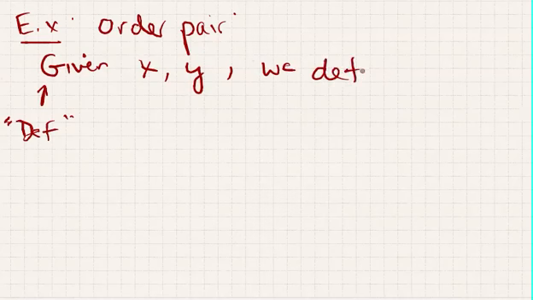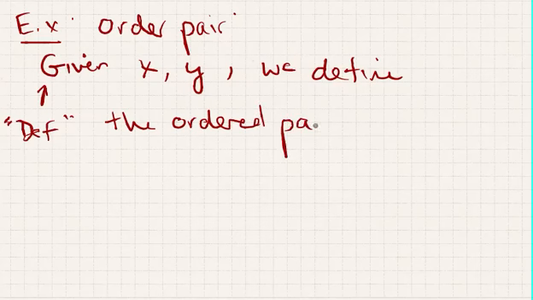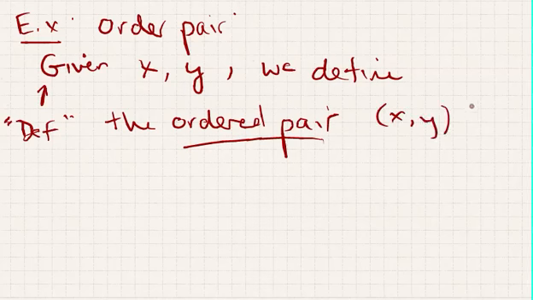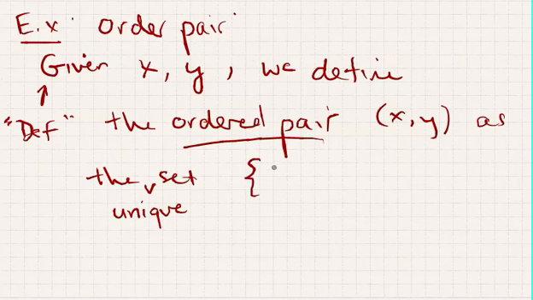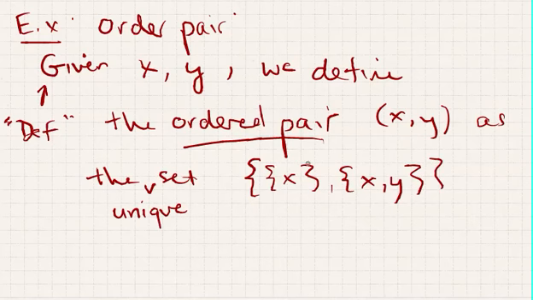We define the ordered pair x comma y as the unique set. Let me write this down first. So this is the set of the set x and the set x comma y.